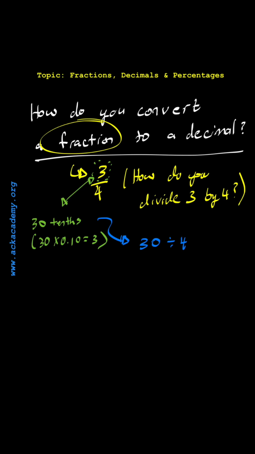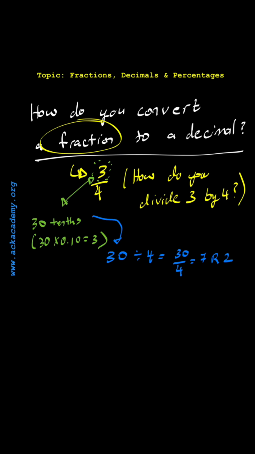So now 30 divided by 4. We can ask ourselves, how many 4s go into 30? 7, right? 7 times 4 is 28, and we have 2 remaining, with the remainder of 2. I'll put R2, the R means remainder.